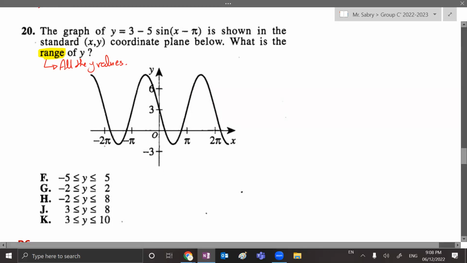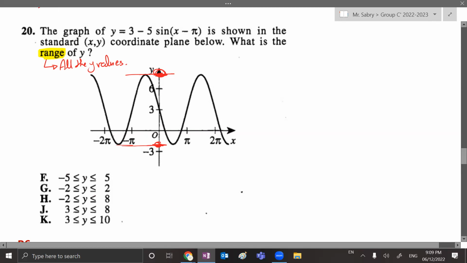So when you look at the graph, the smallest value is somewhere here, and the highest value is somewhere there. If I know what this value and this value are, those are the range. This is the range. So look at the choices.